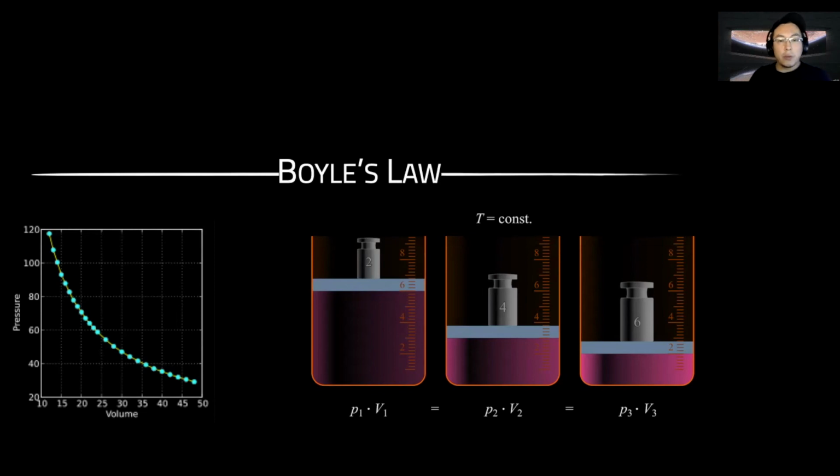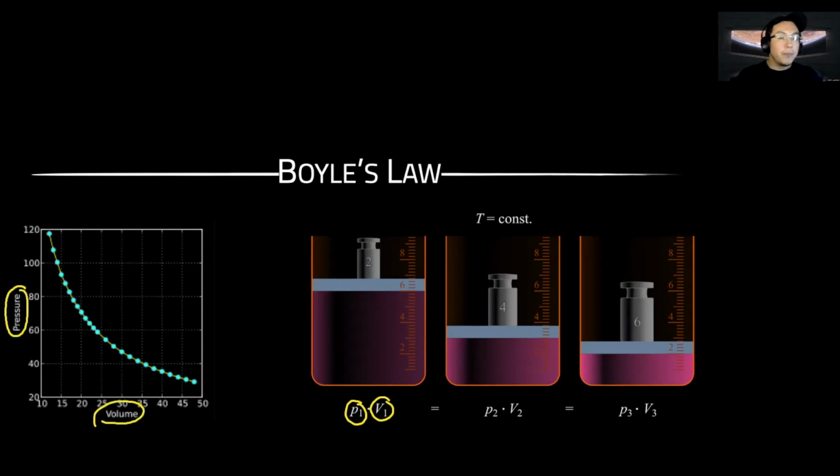For the first one, which is called Boyle's law, just as you see on the screen, there's a relationship between two variables, pressure and volume. We have pressure on one side and volume on the other.